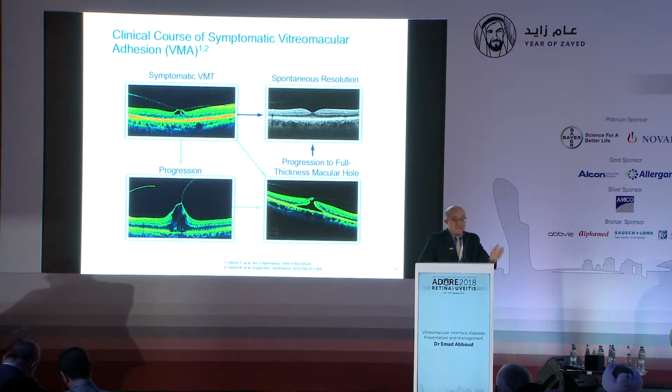Now, the VMA can then progress to vitreomacular traction. Not all of them will progress, obviously, but just see the various steps. It can lead to vitreomacular traction. The vitreomacular traction can increase, or it can lift spontaneously. And when the vitreomacular traction increases, it can go to macular hole, or it can also lift spontaneously.